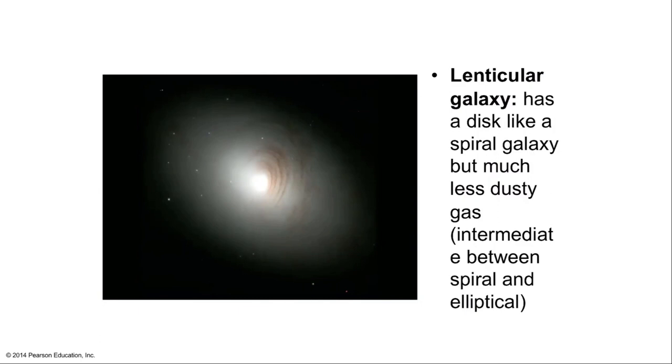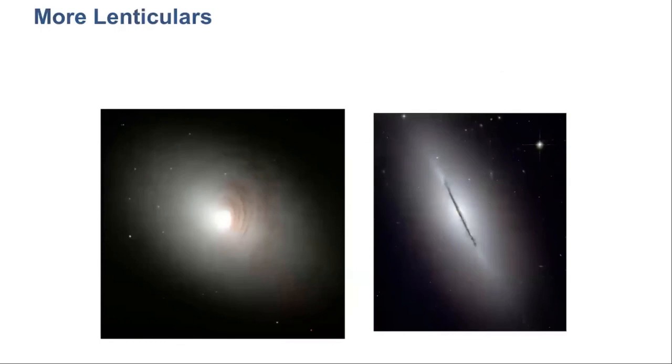So it's kind of an intermediate between a spiral and elliptical galaxies, the lenticular galaxies. Here's a couple of examples of lenticulars. There just aren't that many of them out there, but you'll see them listed in some things coming up, so I wanted to mention them here.